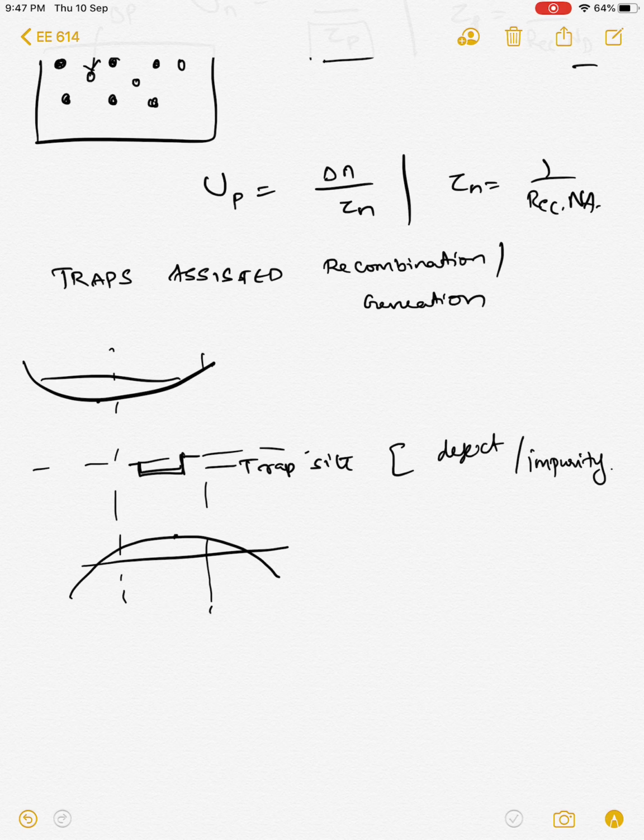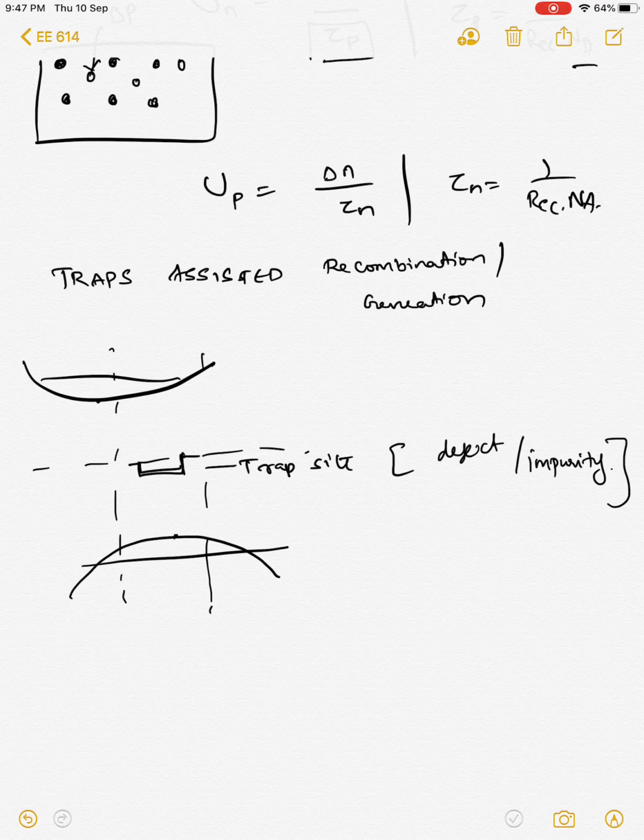You take a normal semiconductor and you put an impurity such that it creates a state which is either empty in the general situation or filled with an electron, depending upon the kind of impurity you have added.